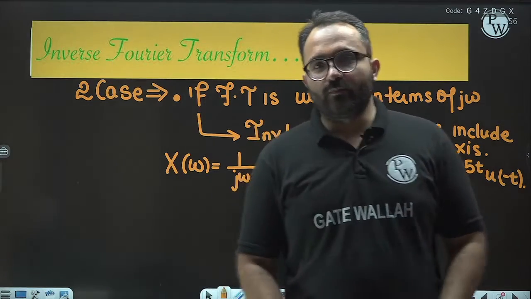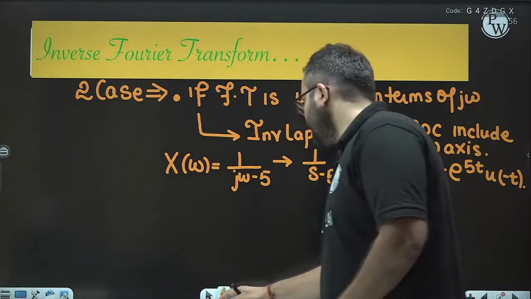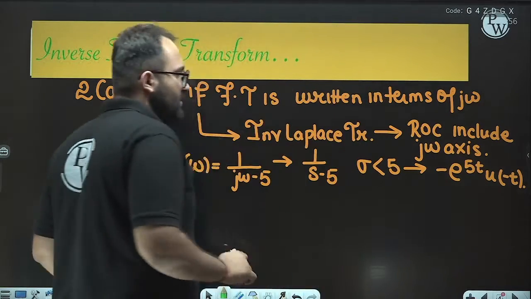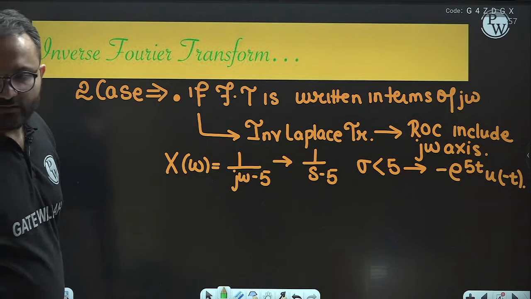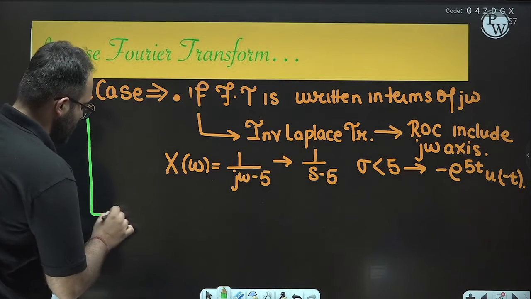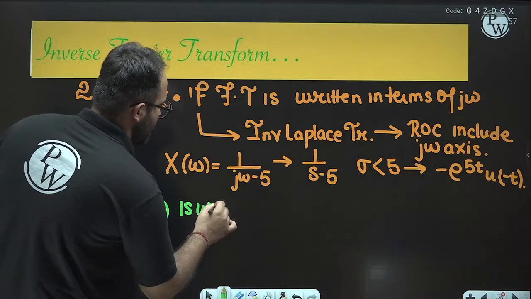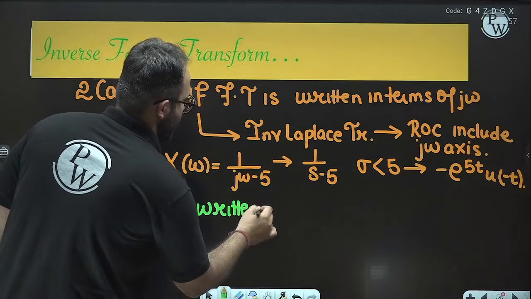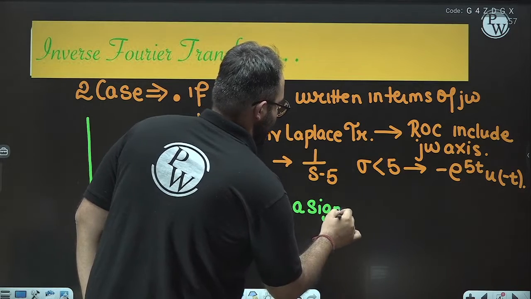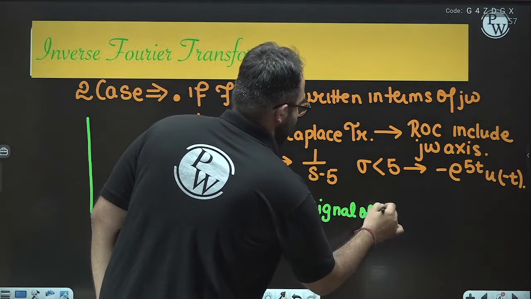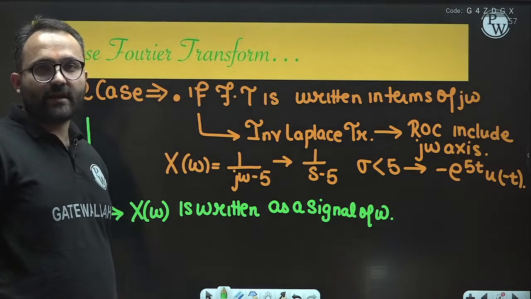I hope this point is clear to all of you. This is case 1. We have another case. When X of omega, the Fourier transform, is written in terms of a signal of omega, in that case we cannot apply this method of Laplace transform.